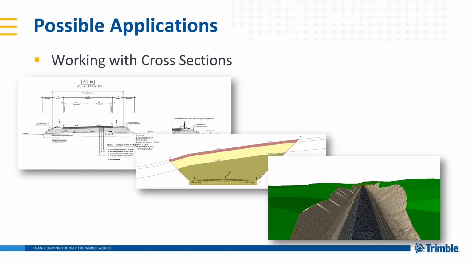Cross sections, as you can see here, of course, we are also very much involved in road construction. And here on the left, you can see a PDF file. So whether it's a PDF file or just cross sections that come from a DXF or DWG, you can import them into Business Center. And then based on those cross sections, you can digitize them and get the real corridor cross section in Business Center with the different materials.